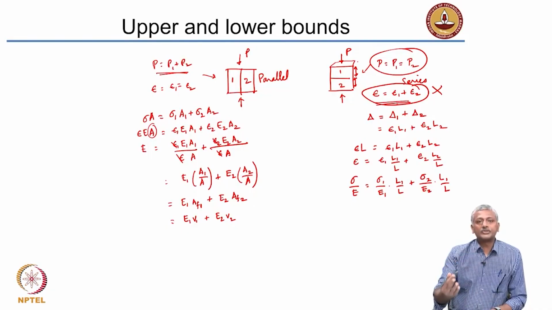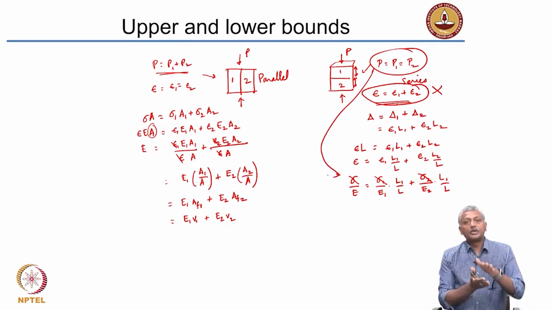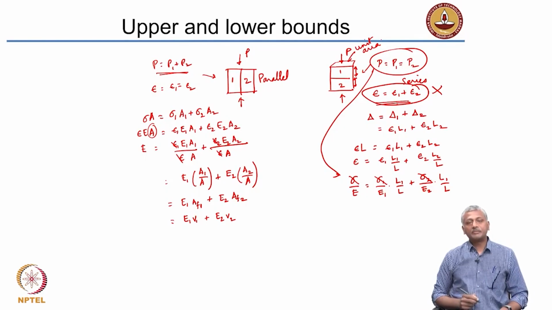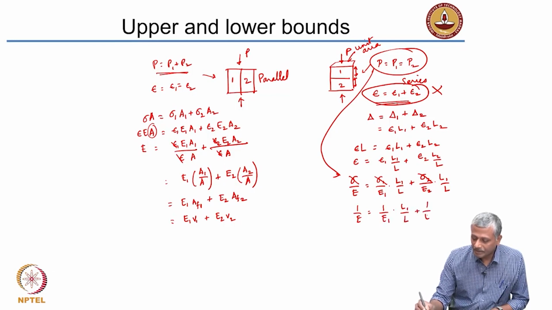Since loads are equal, if you are considering a unit area of cross section, the stresses will be equal since the loads are equal. So that means 1 by E now becomes 1 by E1 into L1 by L plus 1 by E2 into L2 by L.